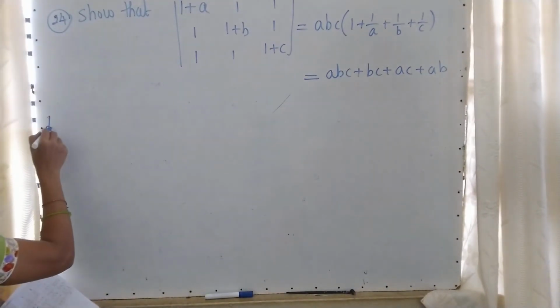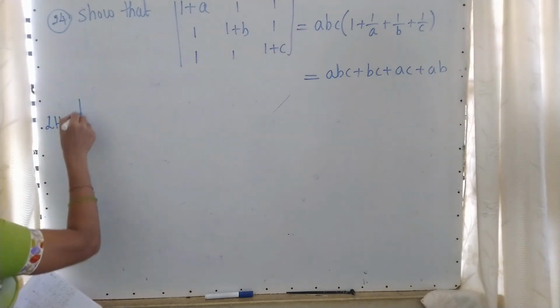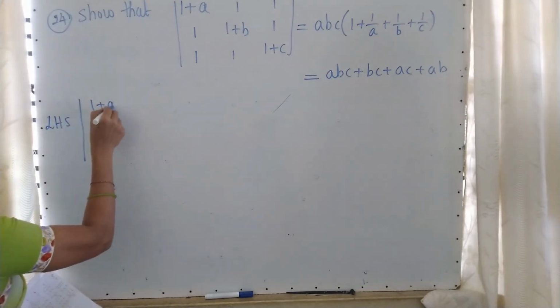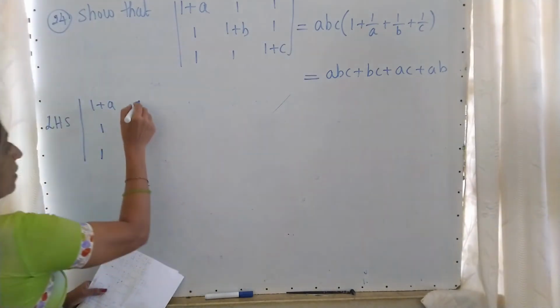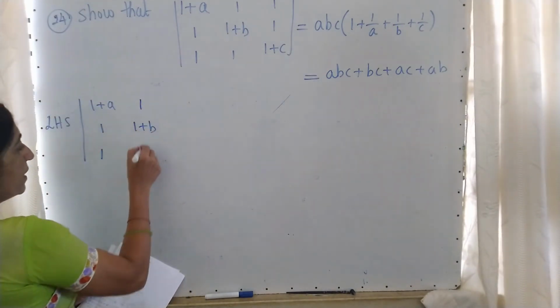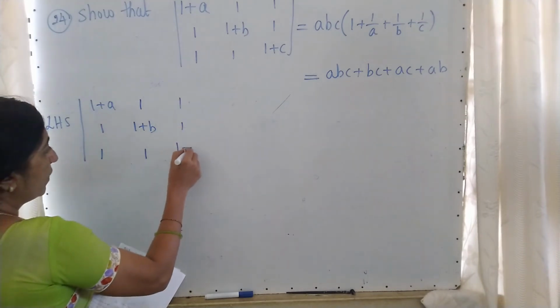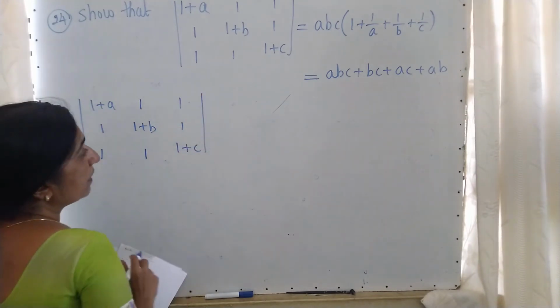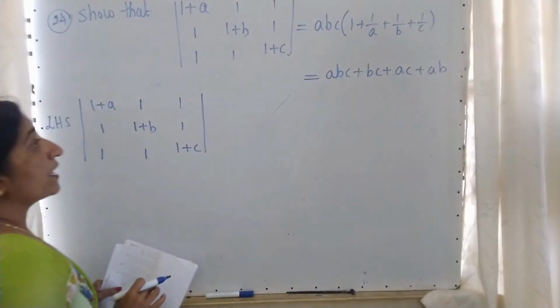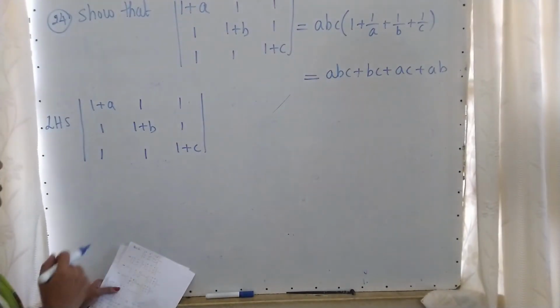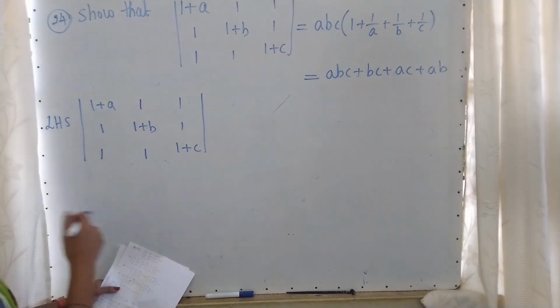So write on the left side, the determinant |1+a 1 1; 1 1+b 1; 1 1 1+c|. I will explain these two results, don't worry about that. Here in the first result we want the reciprocals 1/a, 1/b, 1/c. The reciprocals are not present in any term.